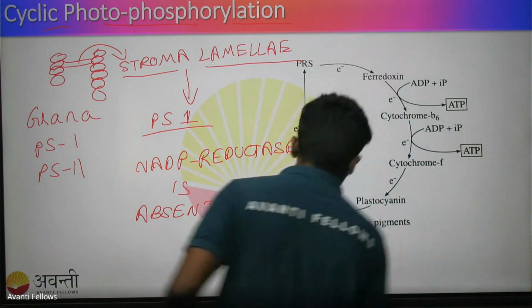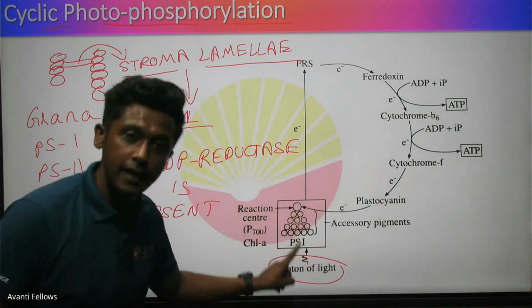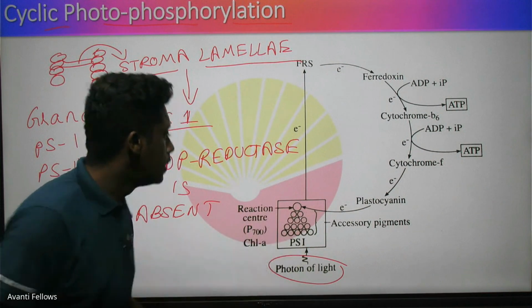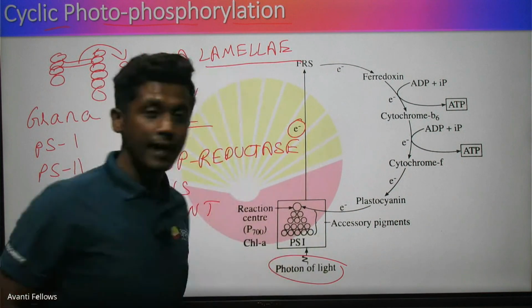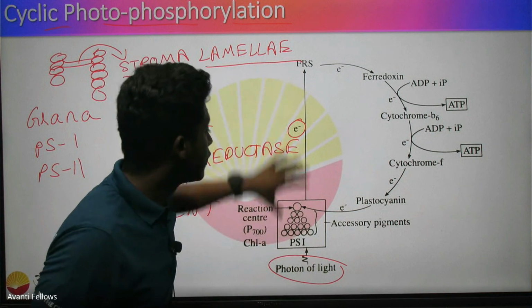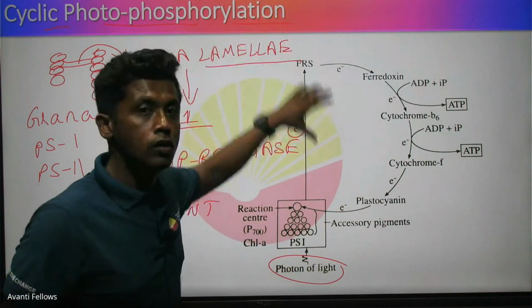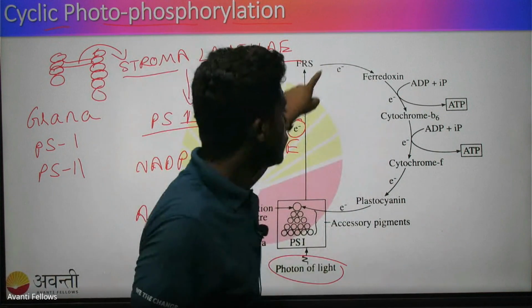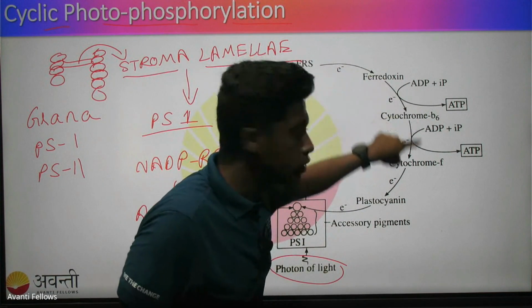We know that light is incident on PS1, and once it is, the electrons get excited. Once excited, there are special electron acceptors like ferredoxin, so they transport down the gradient.